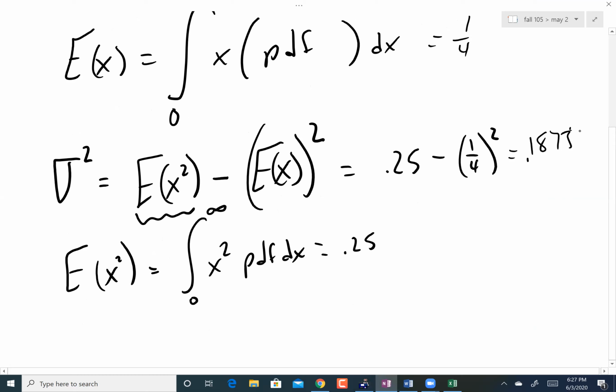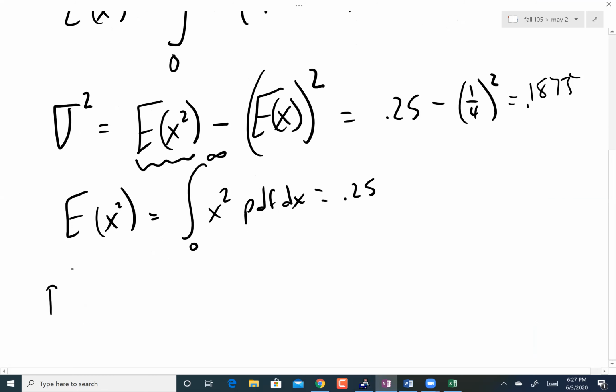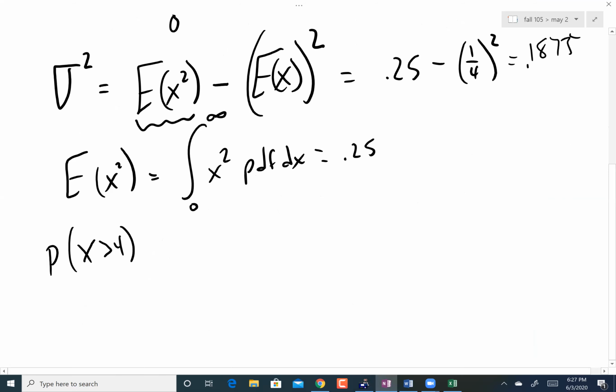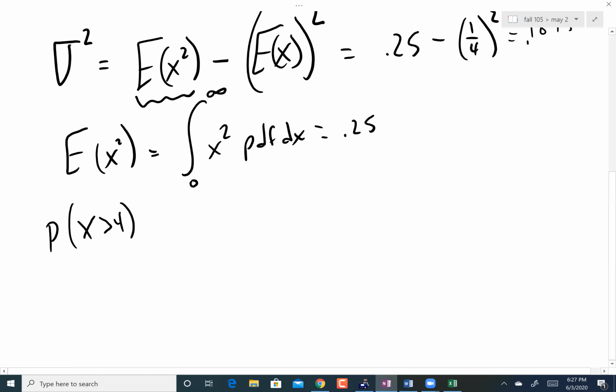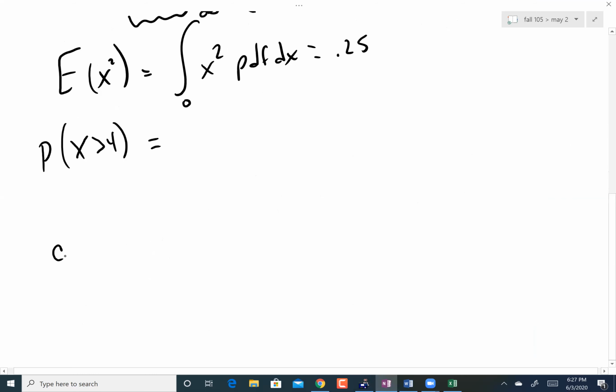Okay. Now, what's the probability that x is greater than 4? You're like, ooh, I could use a CDF for this. You totally could. First of all, let's just do that real quick. What would the CDF be? The CDF would be the integral from your lower bound, 0, up to x of your PDF dt, I like to use.